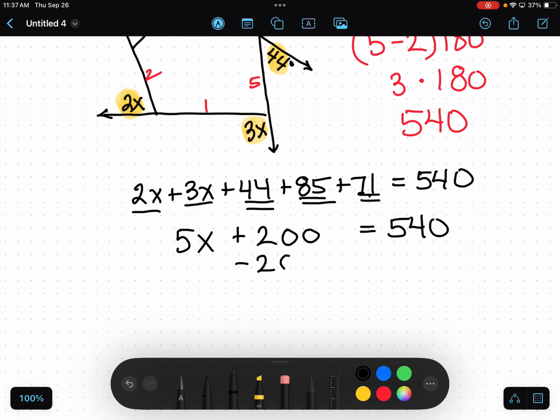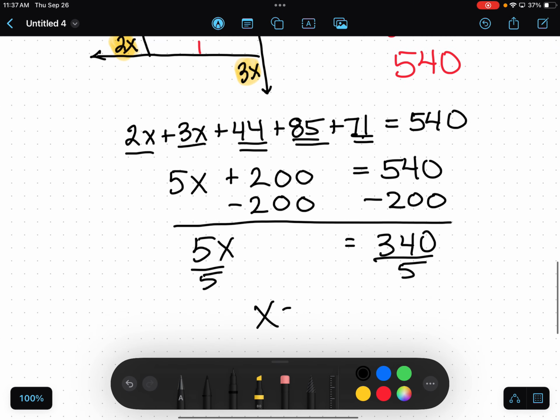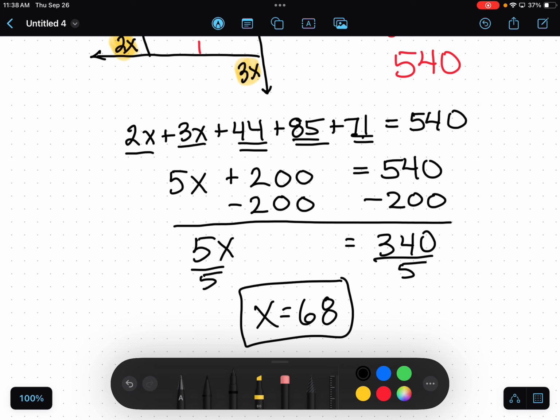Now I subtract 200 from both sides. So I end up with 5x equals 340. And then I divide by 5. So 340 divided by 5 is 68. So the answer that we'd be looking for in that problem would be 68. Not 68 degrees, just how big is x, and it would be 68.